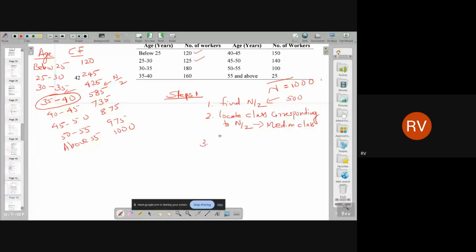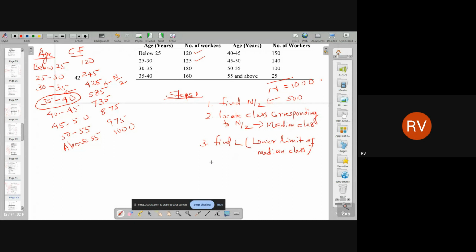Find L. L means the lower limit of the median class.